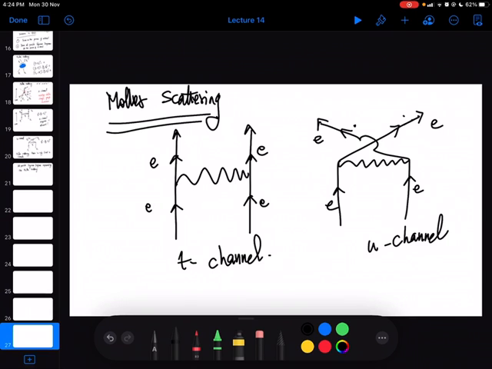Let's start with diagram 1. Let's call the amplitude associated with this one M1 and the amplitude associated with the second M2. The total amplitude is M1 plus M2. We have to worry about the sign between them, because if we interchange the fermions they pick up a minus sign, since they have to be anti-symmetrized.